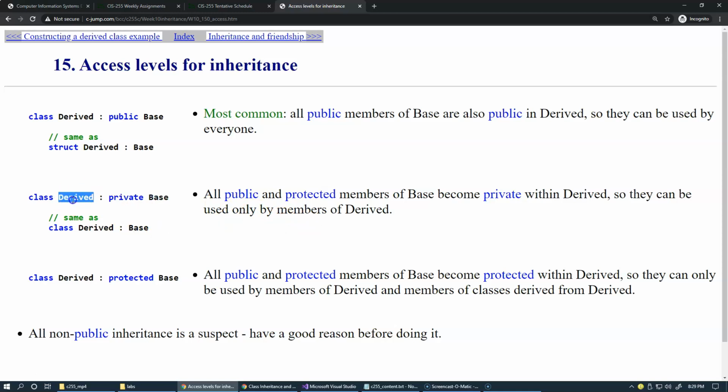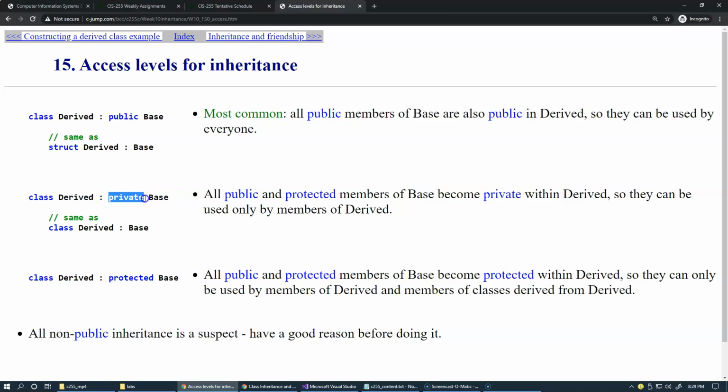Everything is just fine. The only restriction is that when all of this is complete, okay, so we have completely written the base class and completely finished the derived class, any public data members and public functions of the base class will no longer be visible.